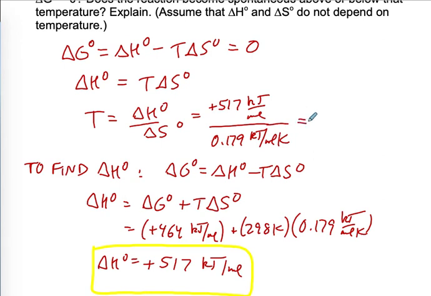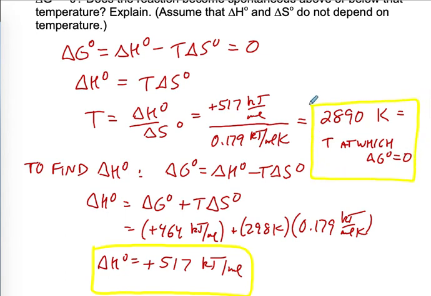Note, kilojoules per mole over kilojoules per mole Kelvin gives me Kelvin. My temperature is 2,890 Kelvin, and that is the temperature at which delta G naught is equal to 0, which implies the temperature at which the reaction is neither spontaneous nor non-spontaneous. It goes in neither the forward nor reverse direction.